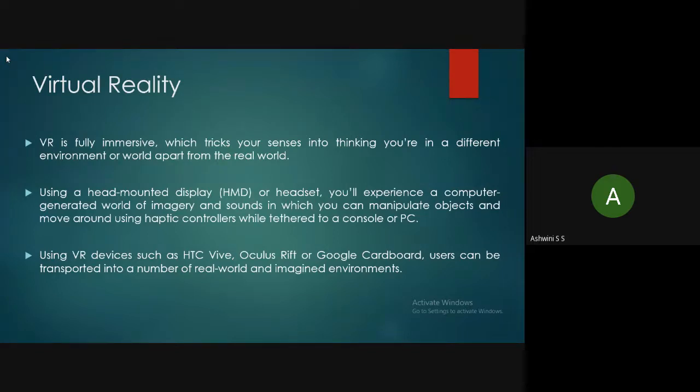After going into that, he will feel that he is in some other world, not in the real world. In the same way, that example we can take for virtual reality, where the person wears some hardware components. By wearing that, he may feel that he is not in the real world, he is actually in the virtual world, and he acts according to the actions that happen in the virtual world.